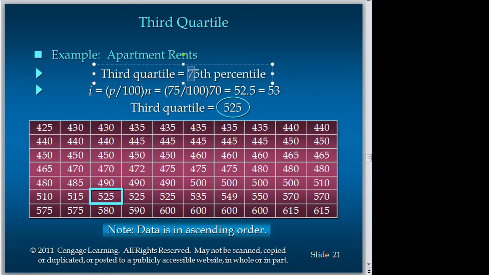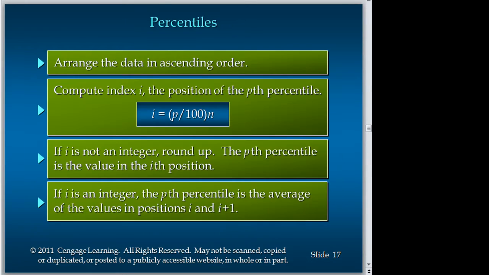So put 75 divided by 100 times 70. Why is this 70? Because we have 70 data points, right? That n being 70. You put it in your calculator, then you get 52.5, which you round up, right? Remember that you round it up, being 53.